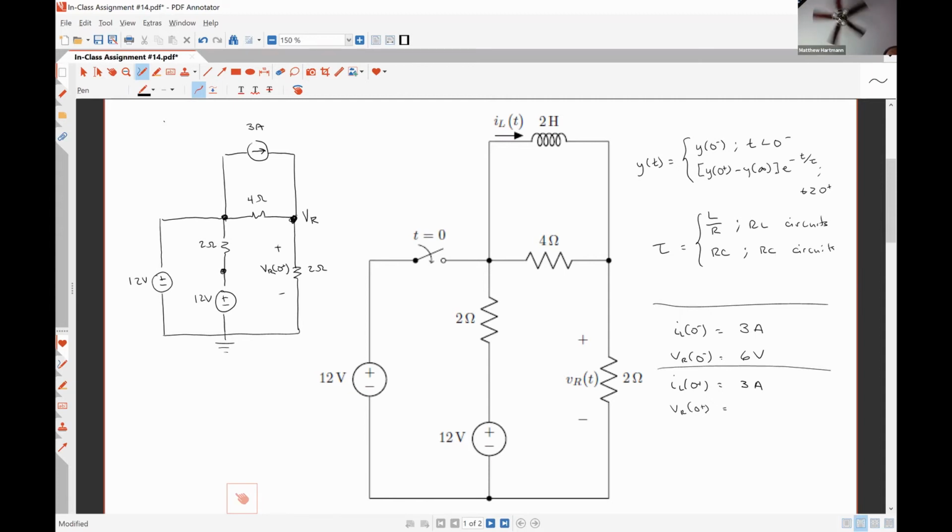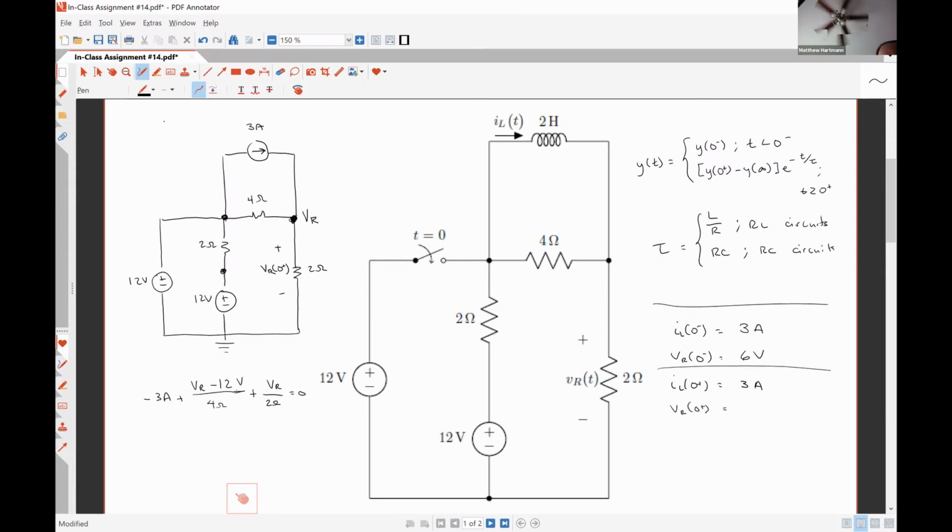Since currents that are exiting are positive, I will have negative 3 amps plus (VR minus 12 volts) over 4 ohms, which is the current directed from right to left through the 4 ohm resistor, plus VR over 2 ohms is equal to 0.